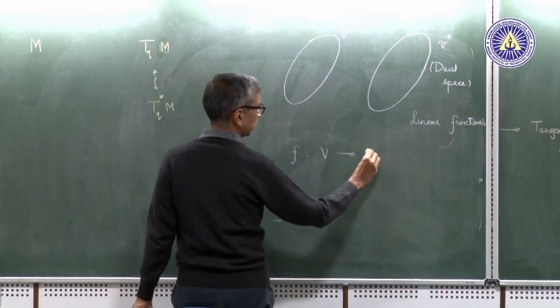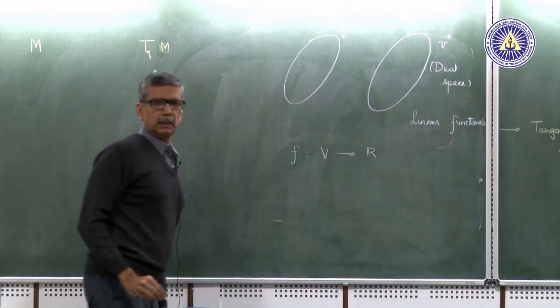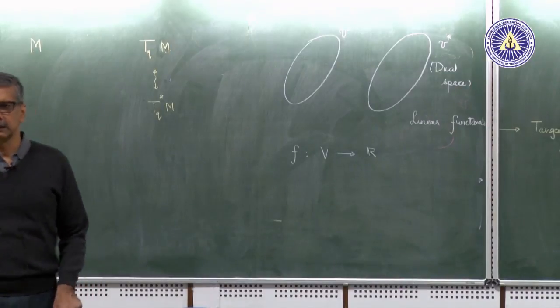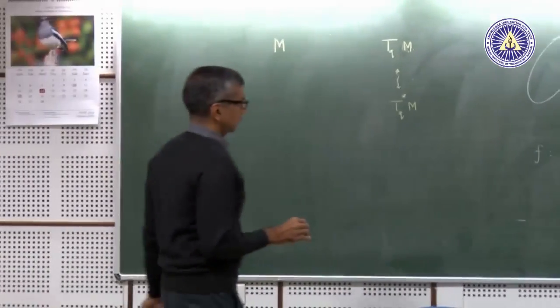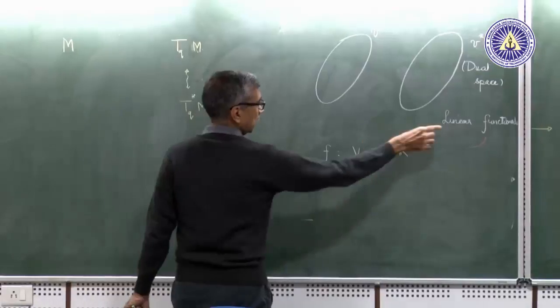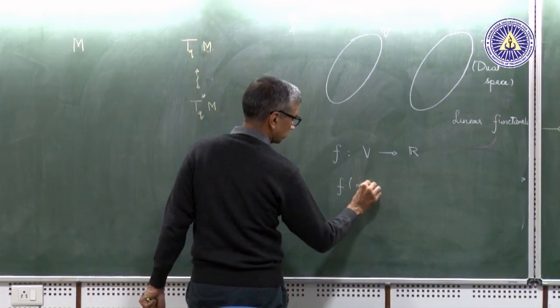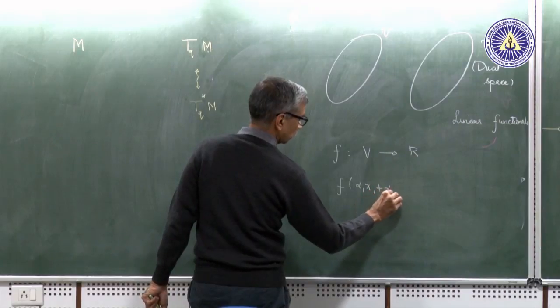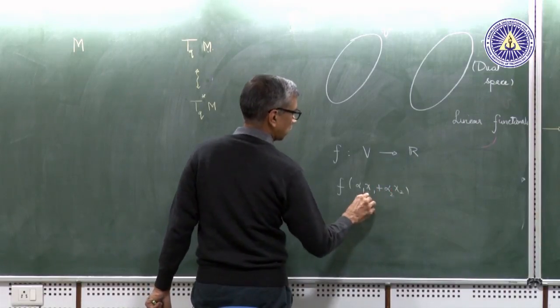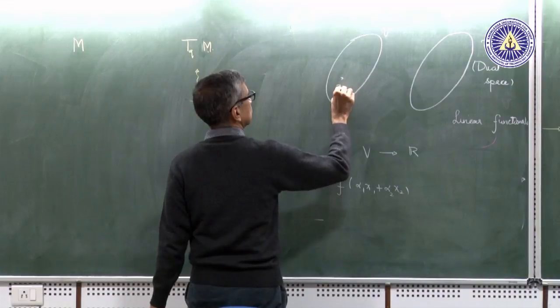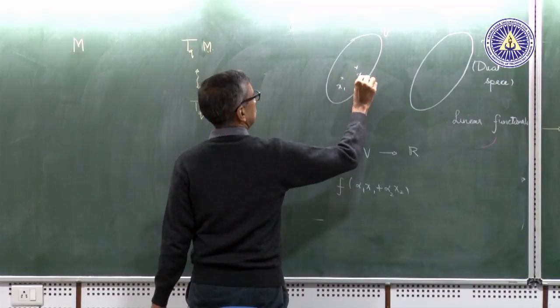It takes an element of the vector space and gives you a real number, but in addition, because it's linear, it has the following properties. X1 and X2 are two elements of this.